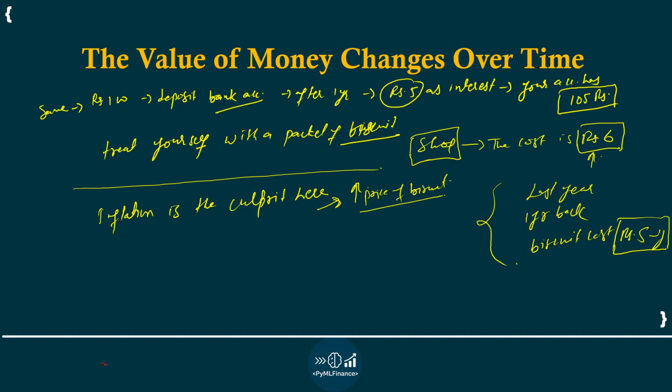Now you started thinking, though my bank account has 105 rupees instead of the 100 I had last year, my money can buy less than it could buy 1 year back. 1 year back you could buy the packet of biscuit for rupees 5, but after 1 year you need 6 rupees to buy the same packet.